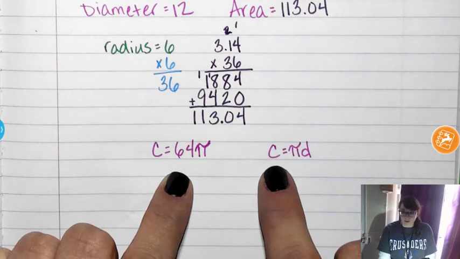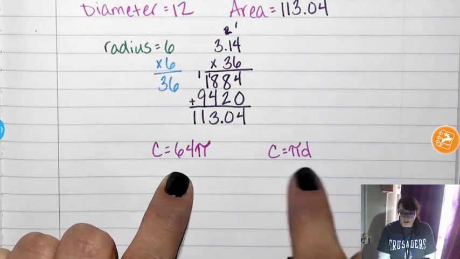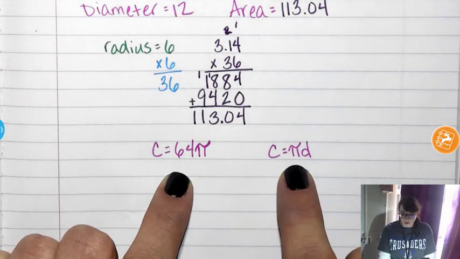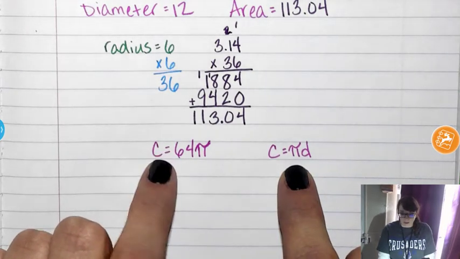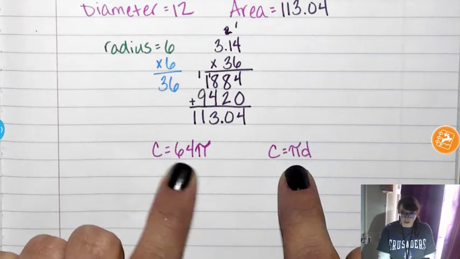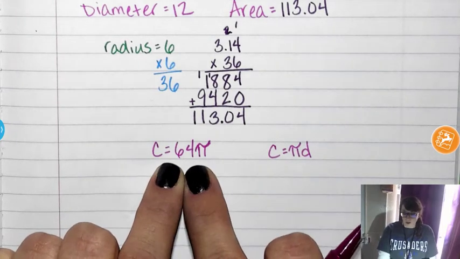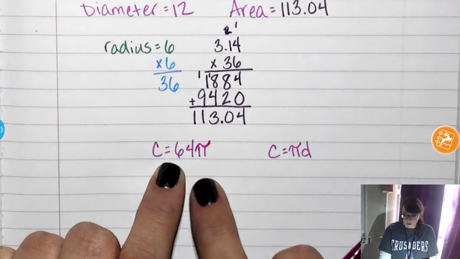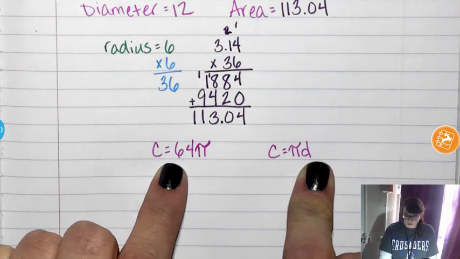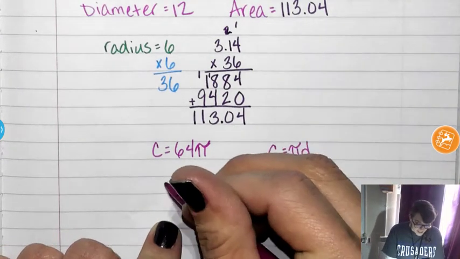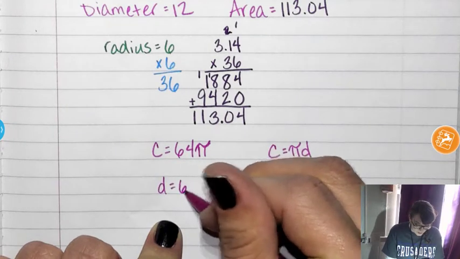If we find circumference by doing diameter times 3.14, what number is being multiplied by pi over here? 64. So what is 64? D. So diameter over here is 64.